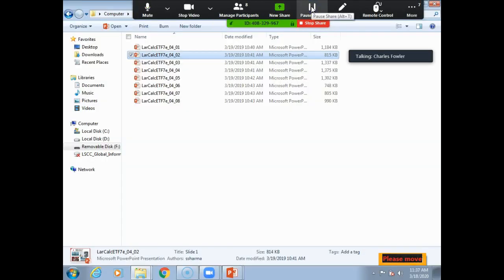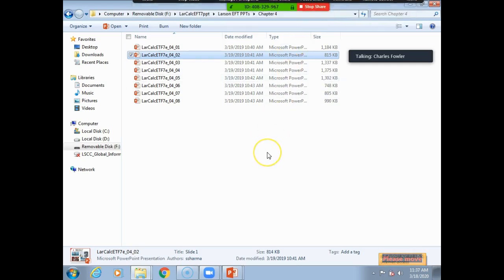Okay. I'm caught in an endless loop here, it seems. Every time I go to open the PowerPoint, it stops the sharing process, and I do not know why. My taskbar down here is not working well. My computer does that sometimes.